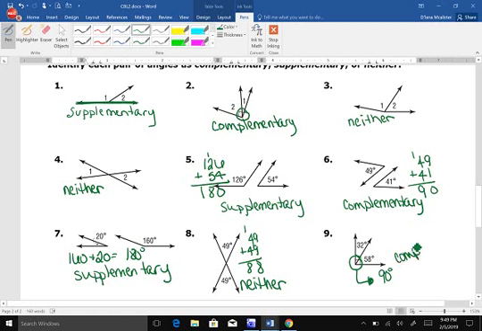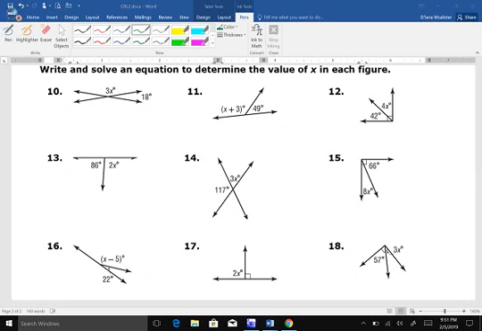You are correct. They are complementary. Let's have some of you work out 10 through 18 for us.